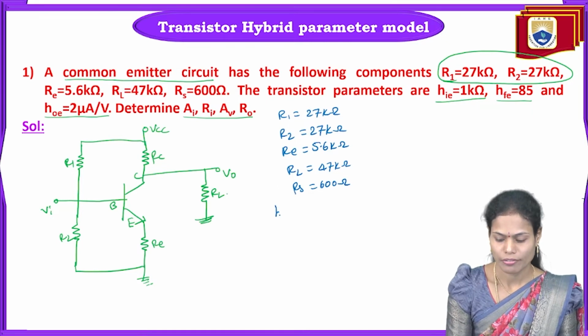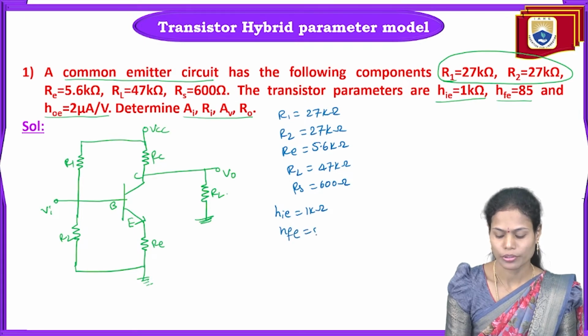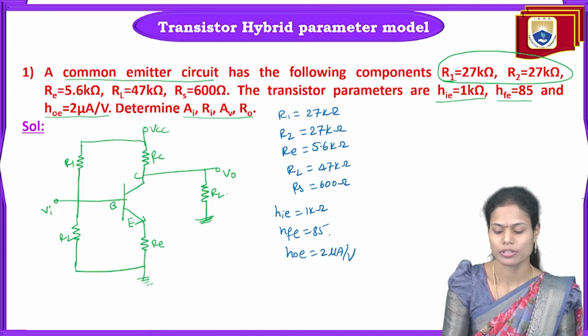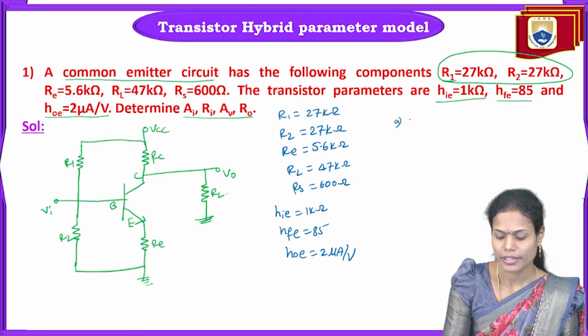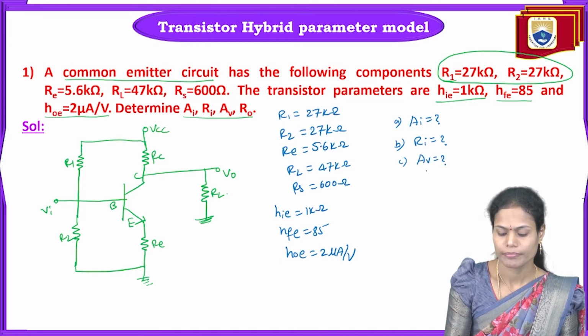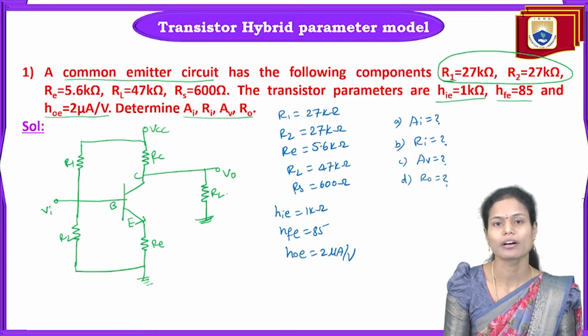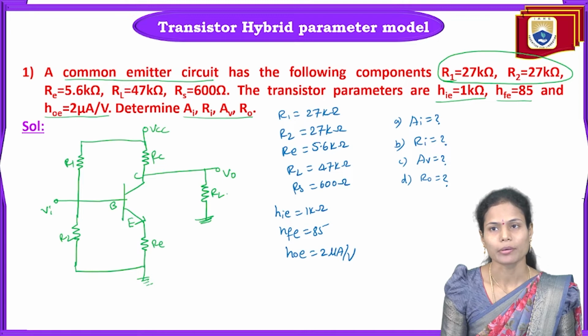And the H parameter values are HIE equal to 1 kilo ohm, HFE equal to 85, HOE equal to 2 microamps per volt. So these all are the given parameters. Here we need to find the parameters: current gain AI, input resistance RI, voltage gain AV, and output resistance RO. So we need to find all these four parameters.